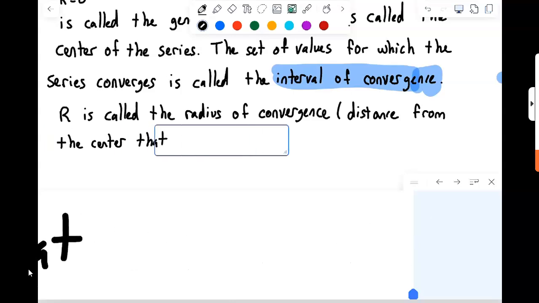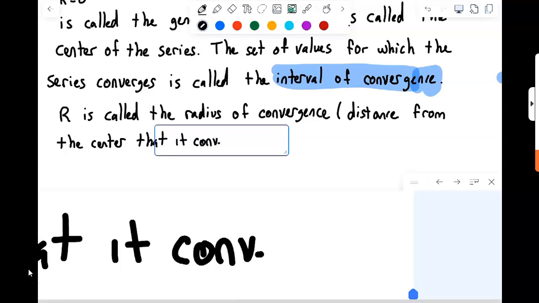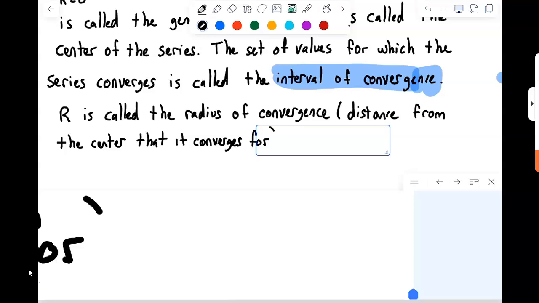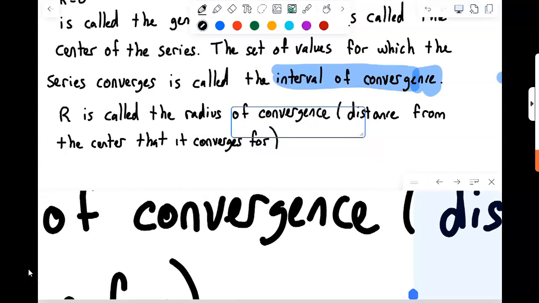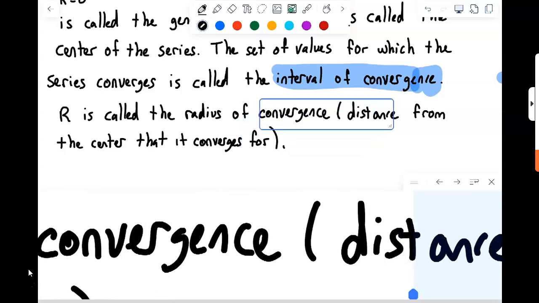How far can we get away from the center and have it still converge? Distance from the center that it converges for, and that's called the radius of convergence.